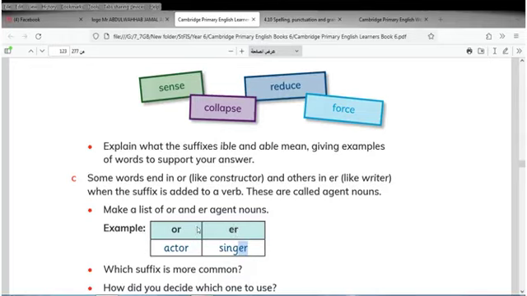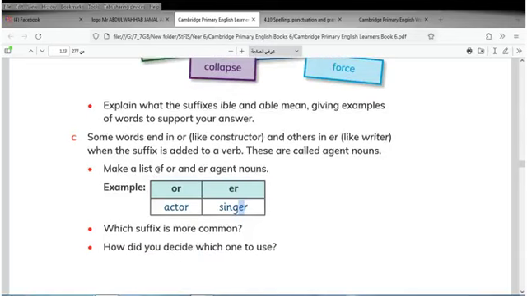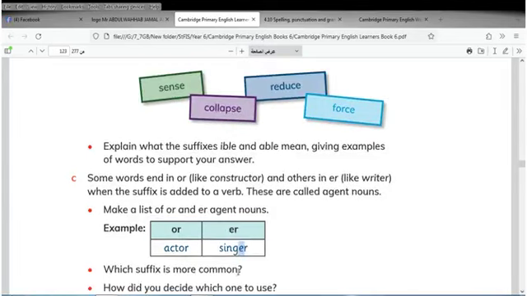And they have the same pronunciation, by the way, but different spelling. So the word actor, it is with O-R, not with E-R. Singer, it is with E-R, not with O-R. The one which is more common, of course, it's the E-R. It is more common than the O-R.